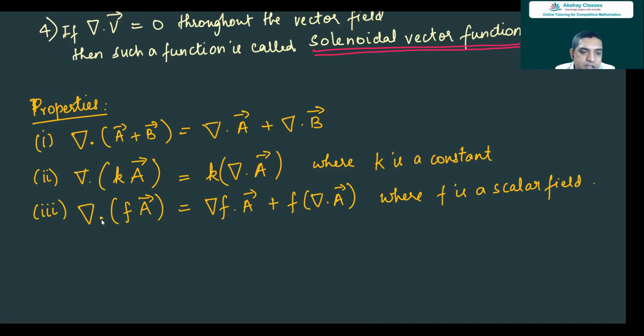So if this is a product, then it is del f dot a plus f times del dot a. So the operator first operates on the first one, treating the other as constant. Then it operates on the second one, treating the first as constant. So when it operates on the first, del operating on a scalar point function gives you gradient. So grad f dot a, and del operating on the vector point function has to be del dot a. So this is how it is defined.